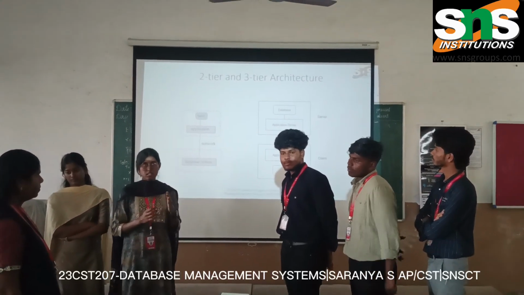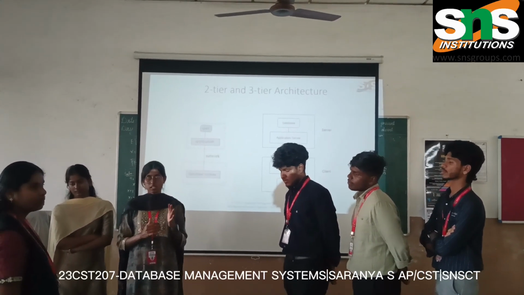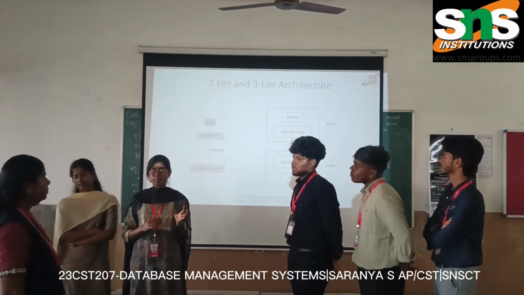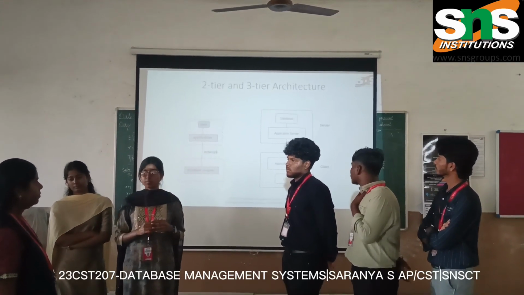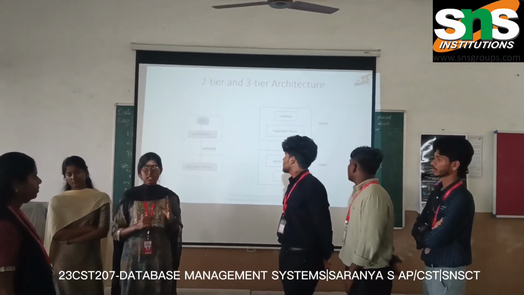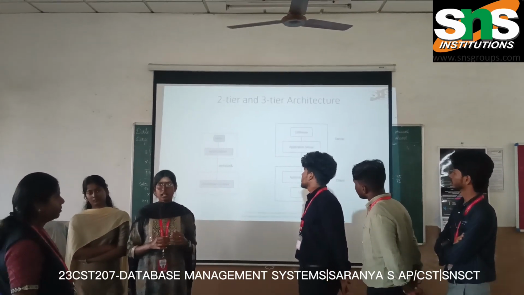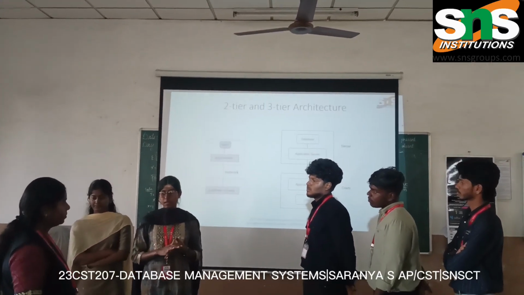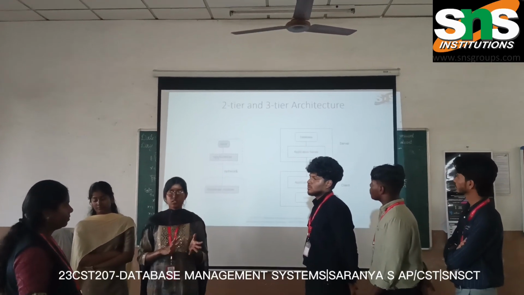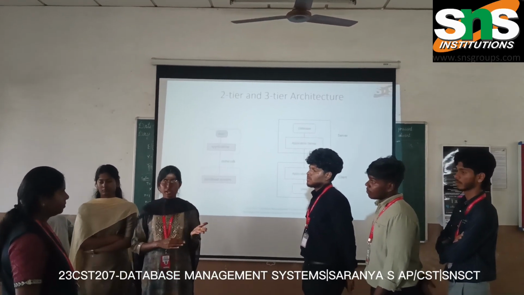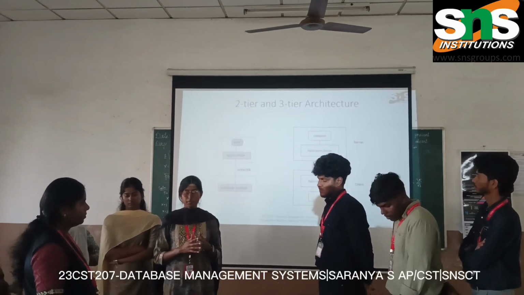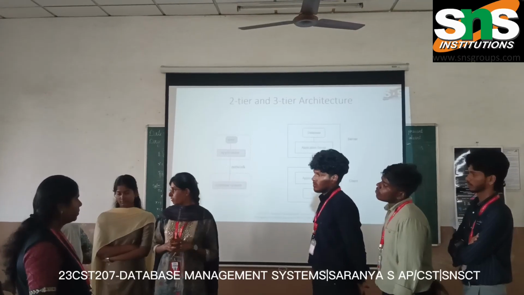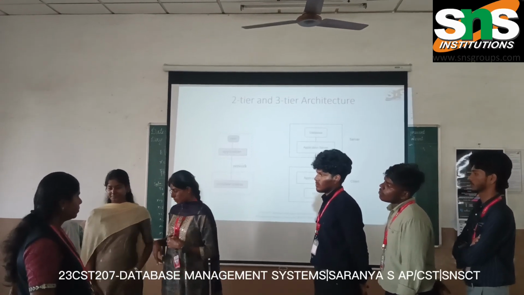Examples are a Java application connected to a database, and some bank database applications. The advantage is better security compared to tier 1, but it is not suitable for very large scale and has limited scalability. It is used in office systems, college management systems, and small, medium, and enterprise companies. Tier 3 will be further explained by Madhu.